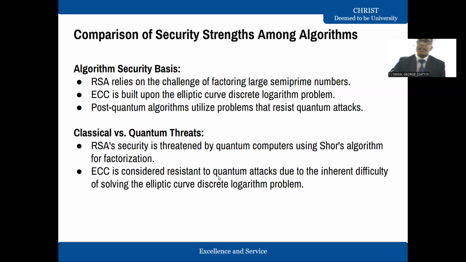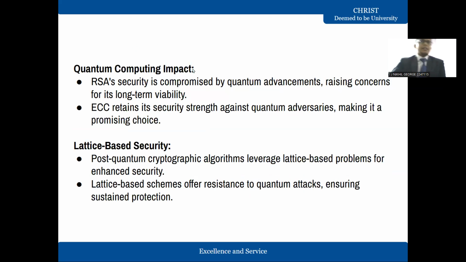Now ECC has a resistance towards quantum attacks due to the difficulty of solving the elliptic curve discrete logarithm problem. And here the impacts of quantum computing are being raised on RSA, and ECC retains its security strength against quantum adversaries, making it a promising choice.